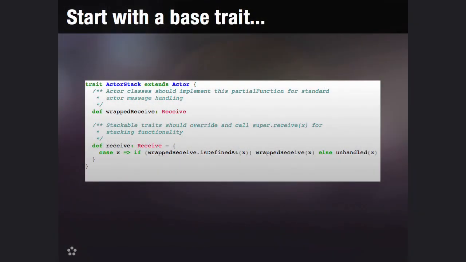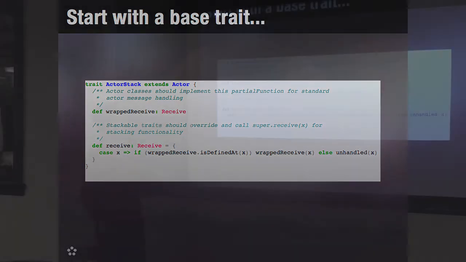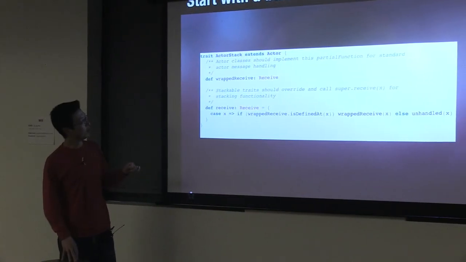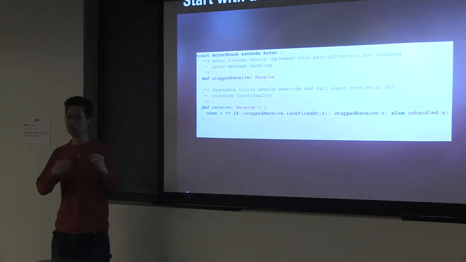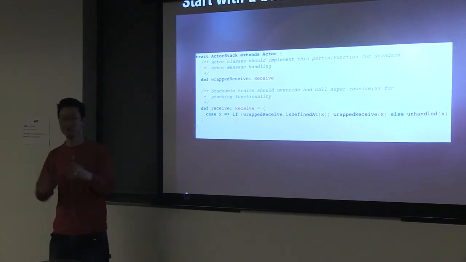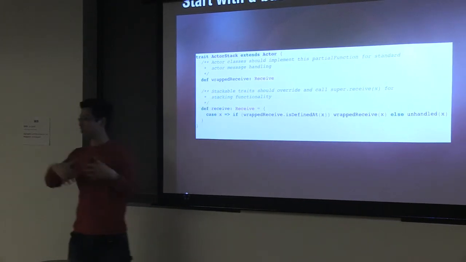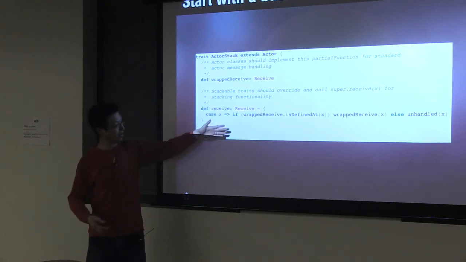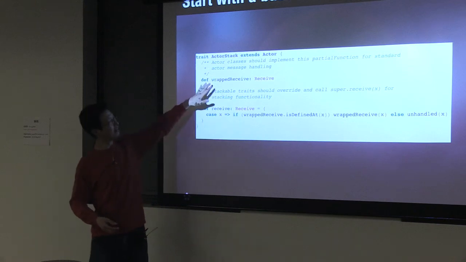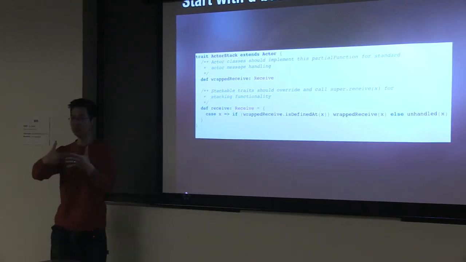So we're going to start with a base trait. By the way, the latest Akka has something that is actually a bit nicer than this. But the way it works is that for your actors, instead of implementing receive, you should implement a wrapped receive method. The reason is that we're going to redirect the receive method to point at this other one so that we can stack it.